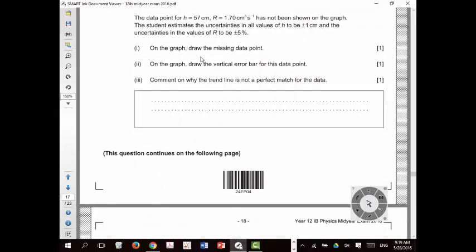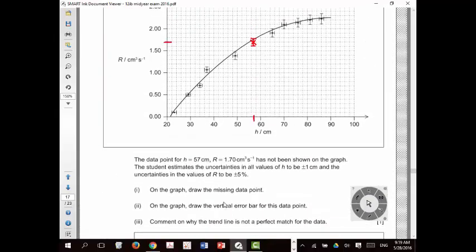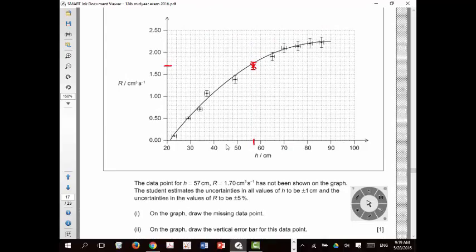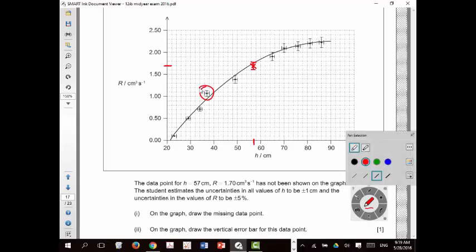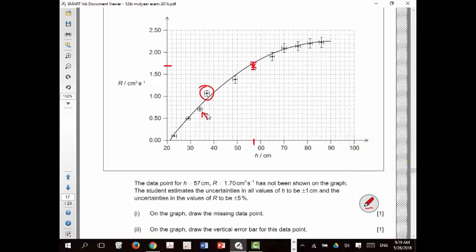Comment on why the trend line is not a perfect match for the data. Well, we have at least one point that falls off of the line, this one here. And this point here is not great either. So the trend line does not go through the error bars for all points.